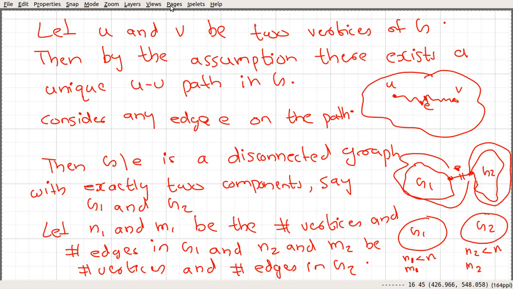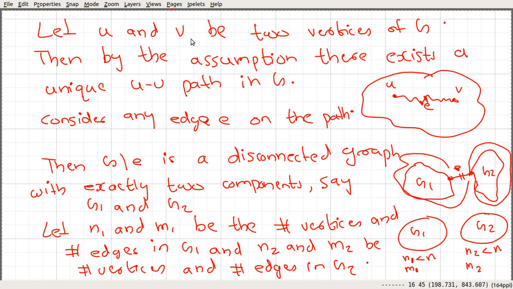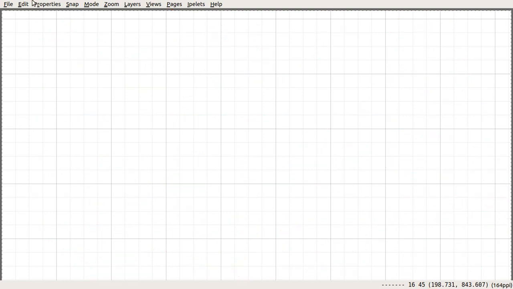Let N1 and M1 be the number of vertices and edges in G1, and N2 and M2 be the number of vertices and edges in G2. The total number of vertices will be equal to N1 plus N2, and the total number of edges is equal to m.